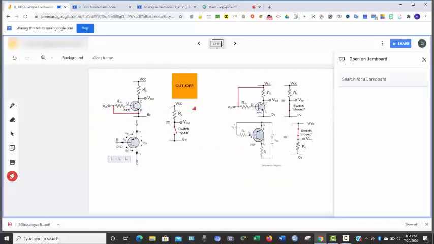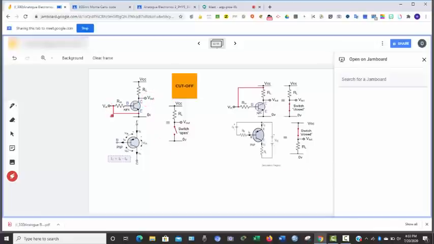So if you look at what we have on the screen now, this is my transistor, and this is my base resistor, this is my collector resistor, this is my output voltage. If I'm not supplying any voltage to this, then I will not have any output at this place.